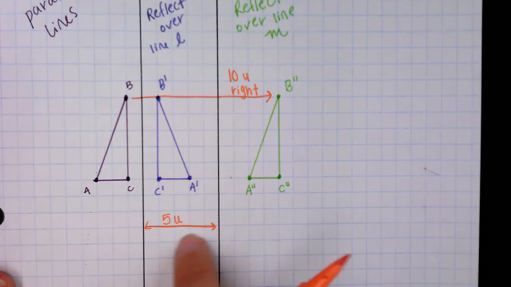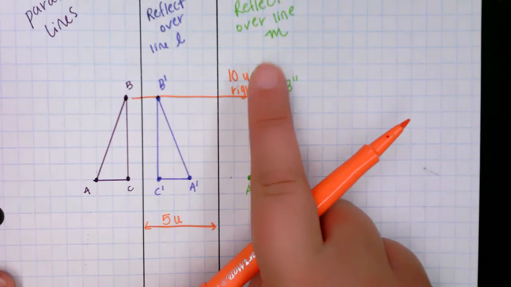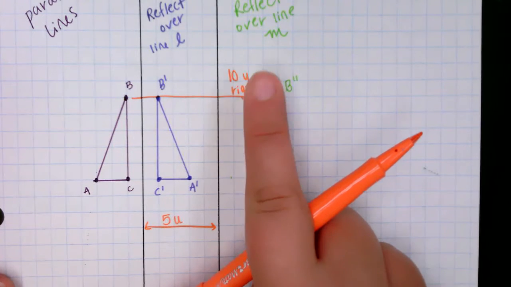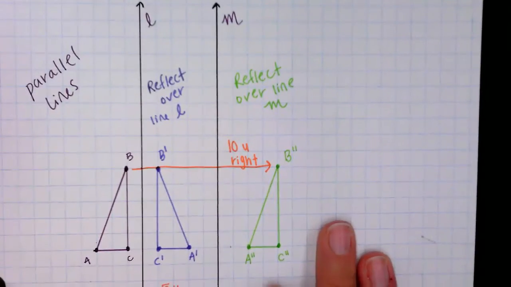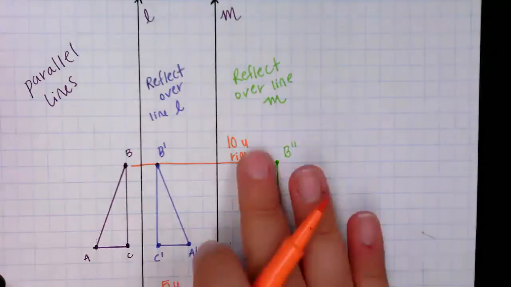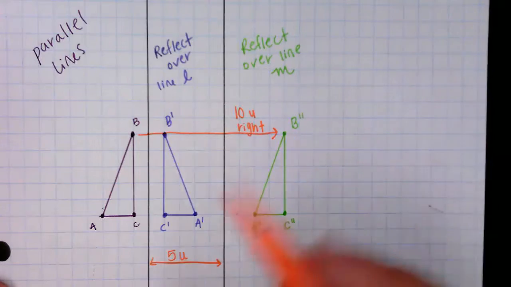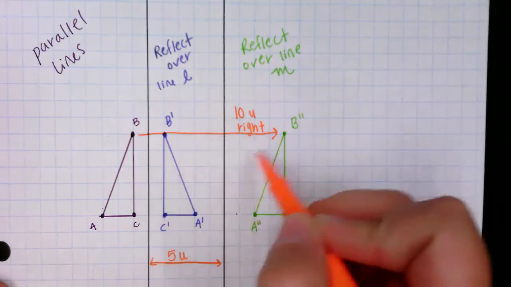You take this number and double it, and that's how you can find the translation vector's length. So if I want to double reflect over parallel lines L and M, it would be the same as just saying translate 10 units right.